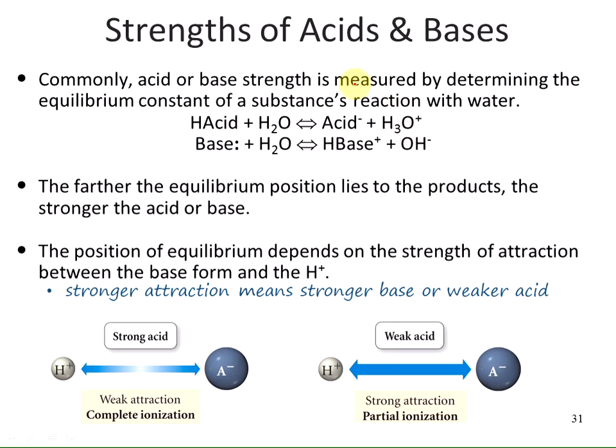So remember, in the strong acid, you have weak attraction, so you get complete ionization because they completely break up. Whereas in a weak acid, you have some strong attraction between the proton and the anion that's formed, so you have only partial ionization, so only part of them break up because of the stronger attraction in the weak acid compared to the strong acid.